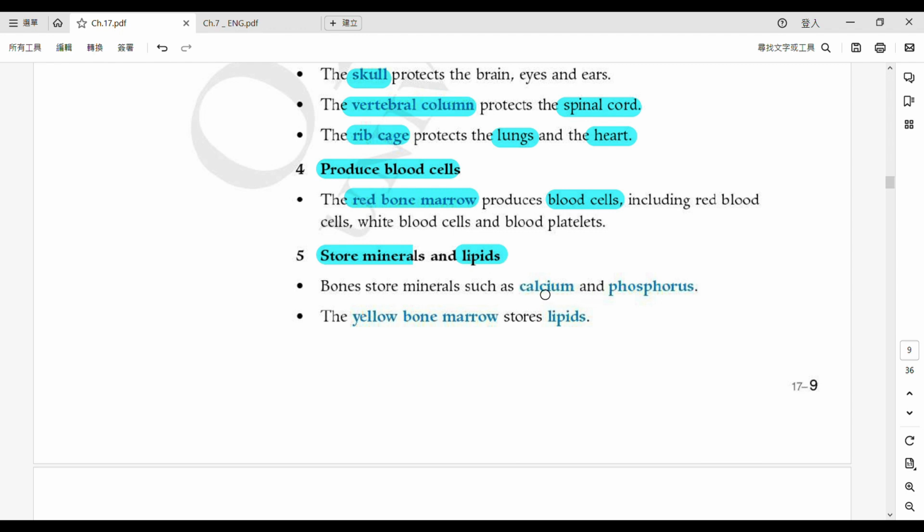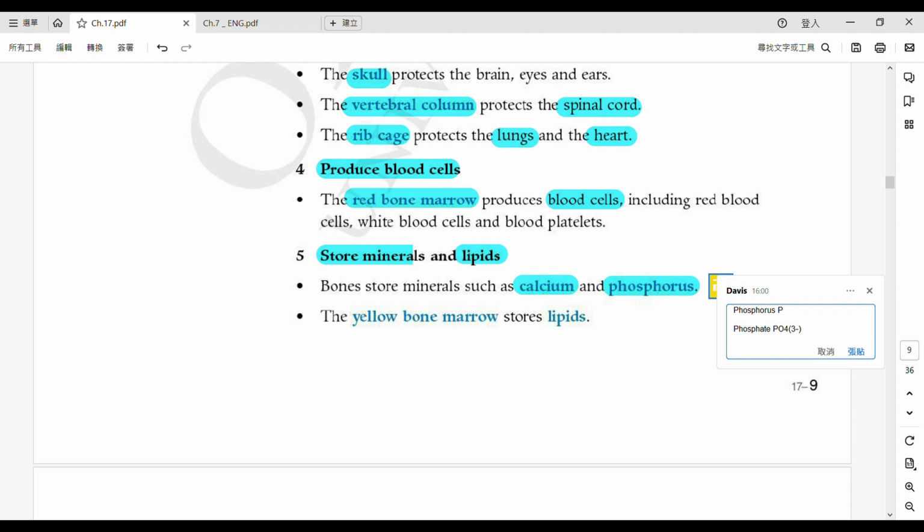For example, the two minerals are calcium and phosphate, because phosphorus. Phosphorus by itself, its symbol is P. But if you remember calcium phosphate, when we talk about phosphate, it is called PO4 3 minus, right?